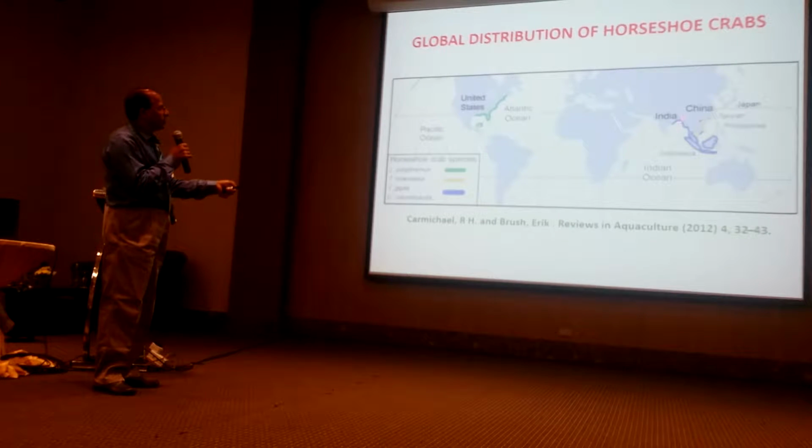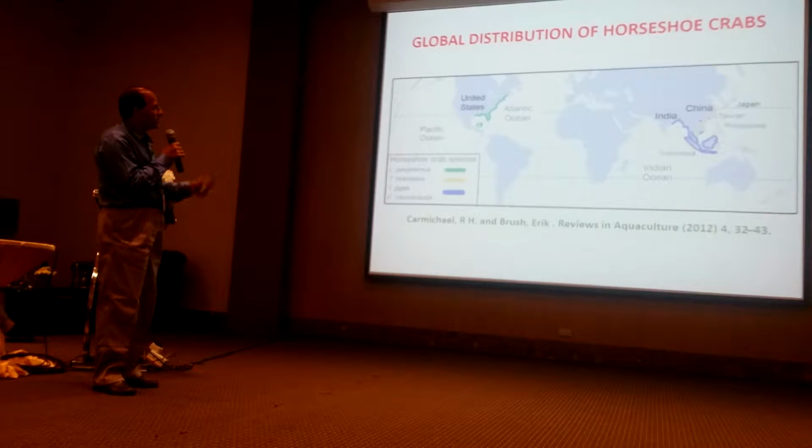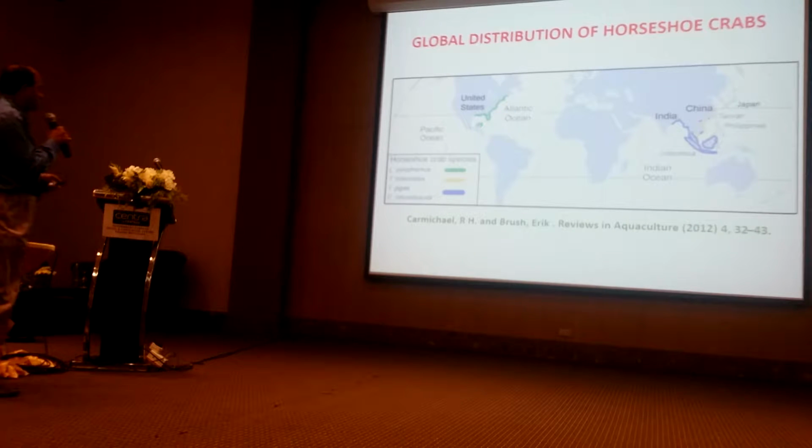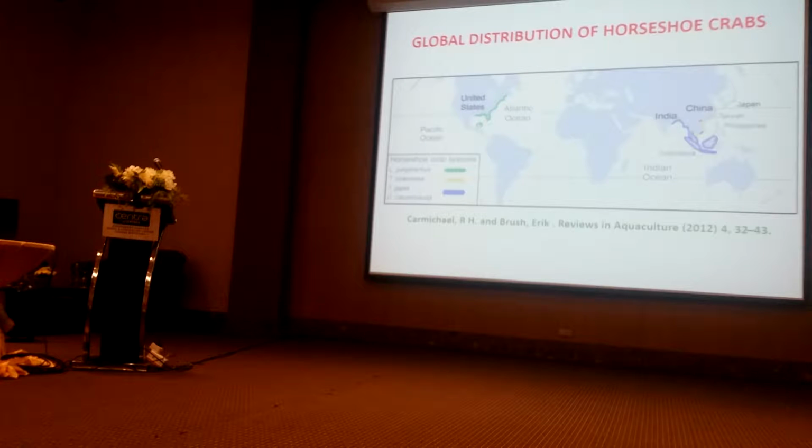My topic is Indian horseshoe crabs, particularly this area. And you see, this is geographically 2 distinct locations. One is here in the eastern part of the USA and the other is confined to this area. 1 species only is confined to this, and 3 are confined to this particular area.